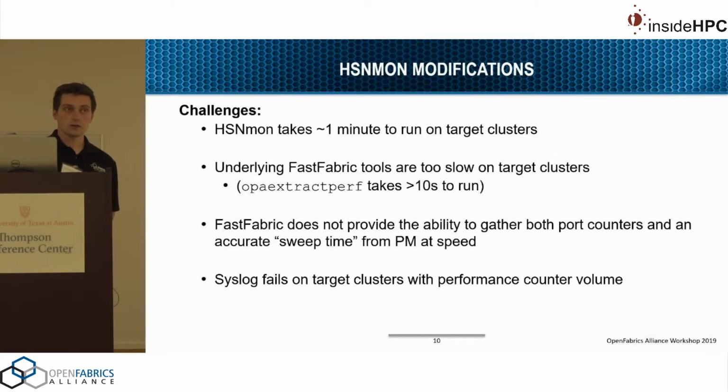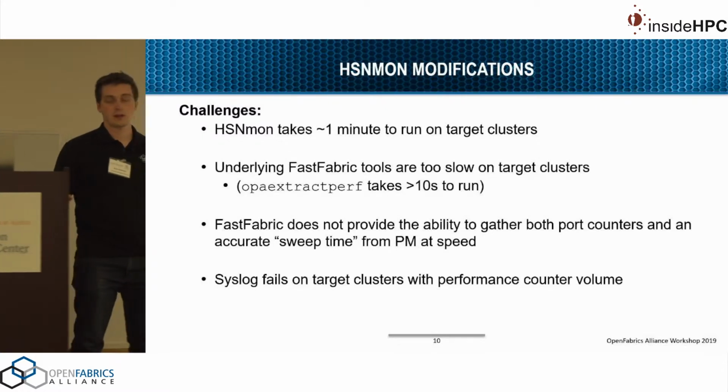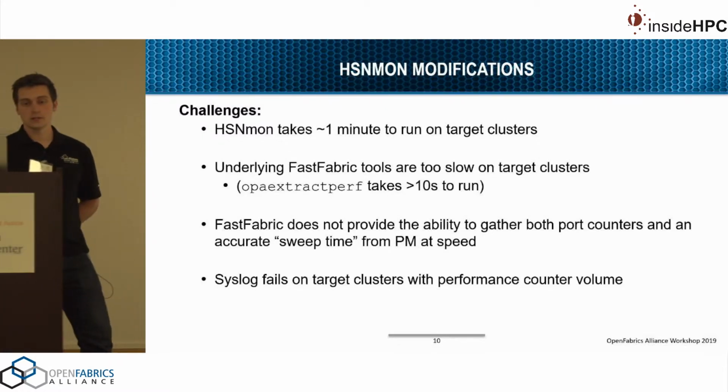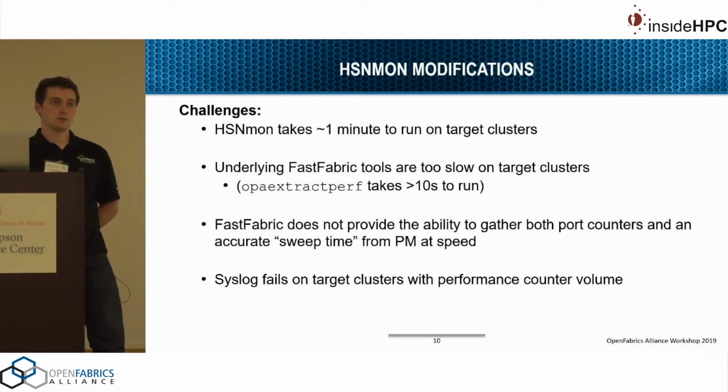Additionally, at a higher granularity like that, we ran into issues with timestamps being inaccurate because of the way that the performance manager in Intel works. Essentially, the performance manager will query all of the ports on the fabric, and it will save the sweep time and the sweep duration.